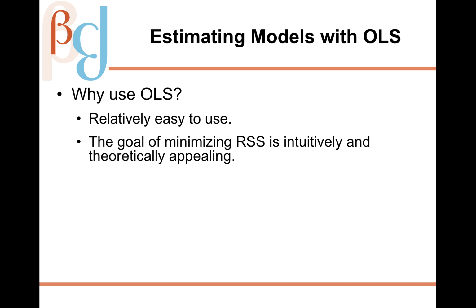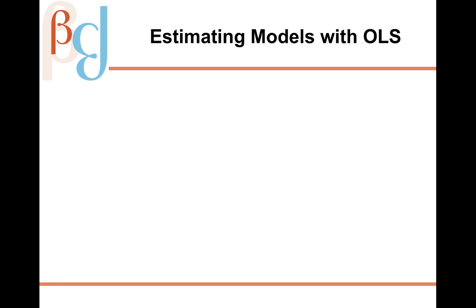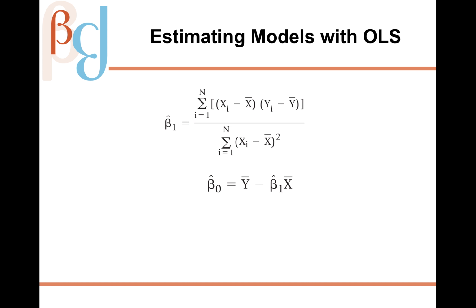Since we're going to minimize that discrepancy between the observed value and the actual value, the residual sum of squares, using OLS becomes intuitive and theoretically appealing, as we'll see through the chapter. And the OLS estimates have a number of useful characteristics that we're also going to talk in greater detail during the chapter.